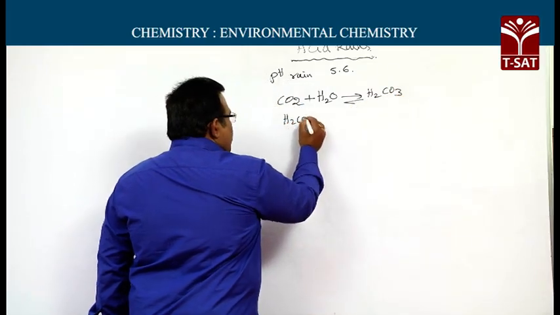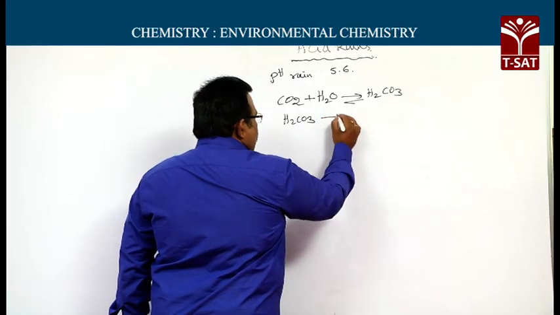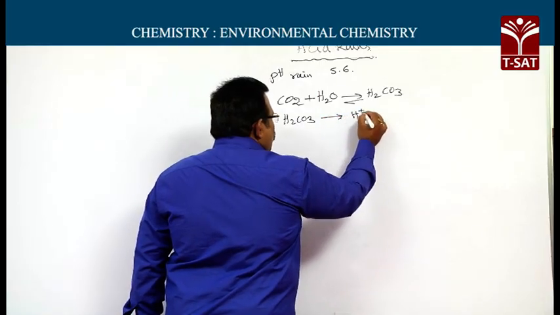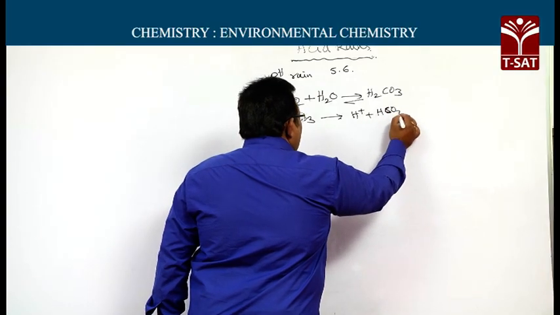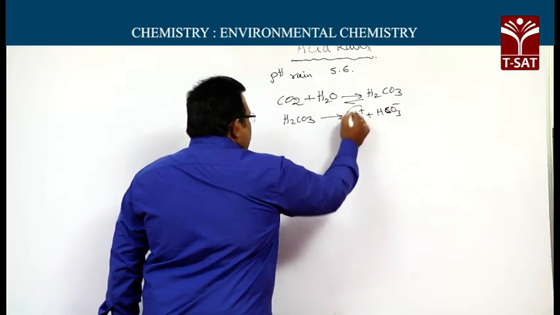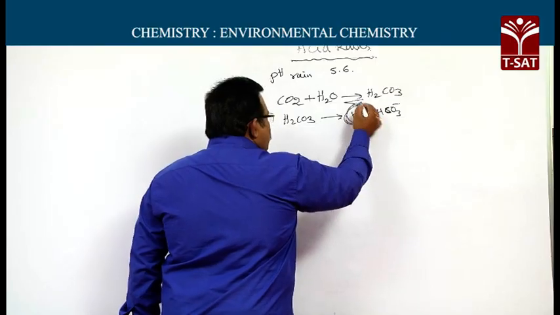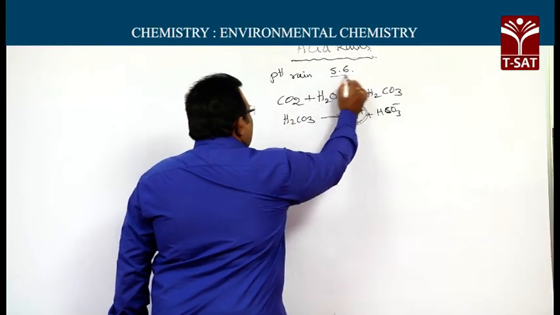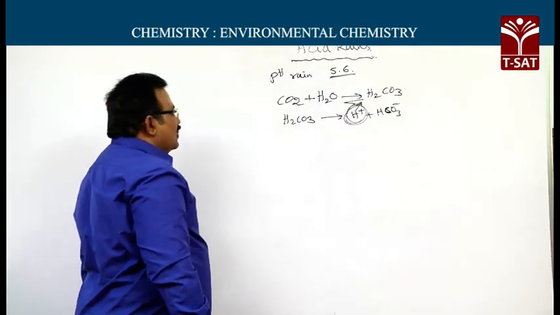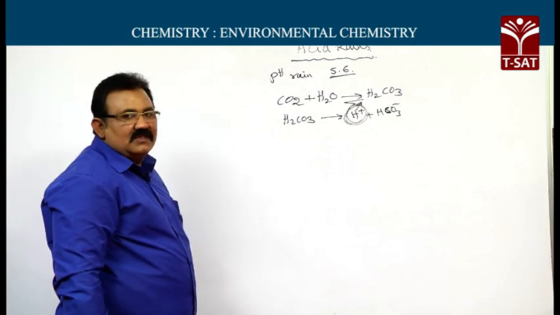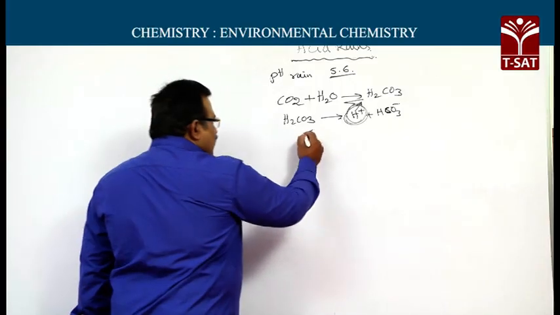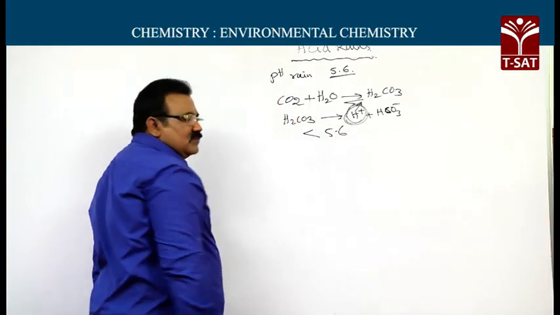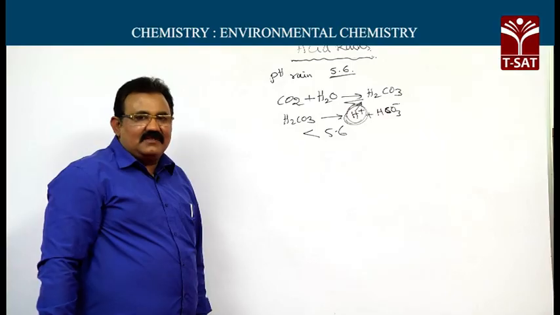This carbonic acid gives more H+ ions to the water. Because of this larger number of H+ ions in water, rainwater pH is less than 7, that is 5.6. Rainwater whose pH is less than 5.6 is called acid rain.